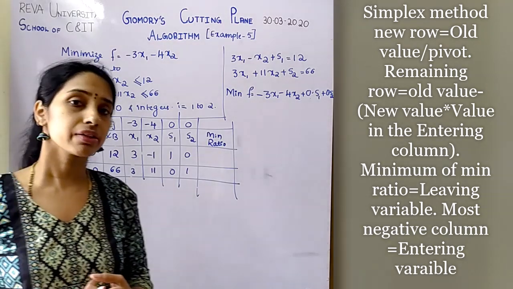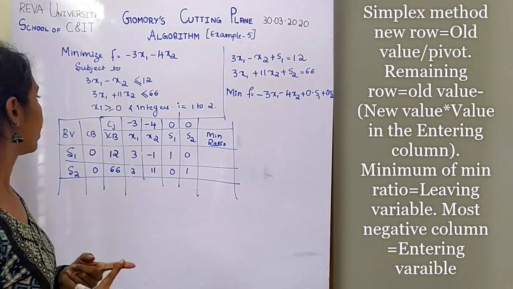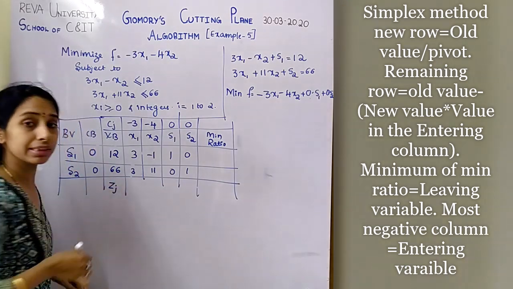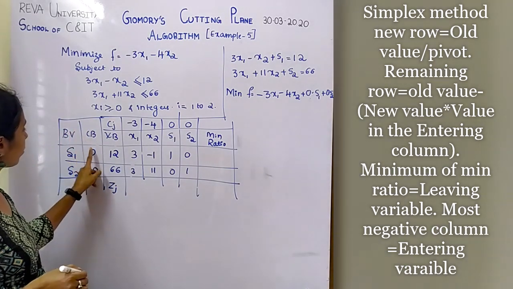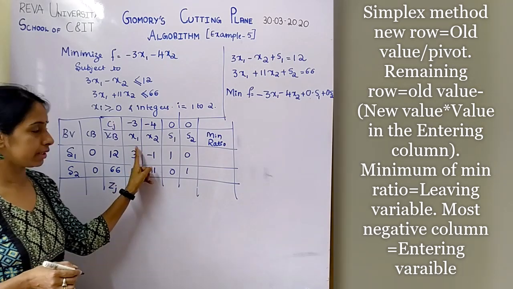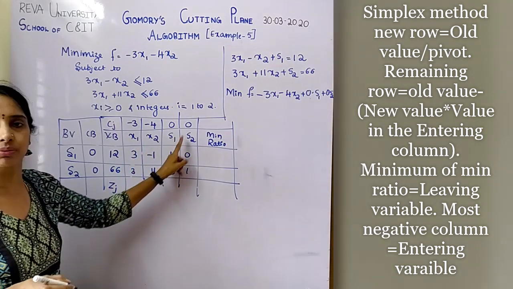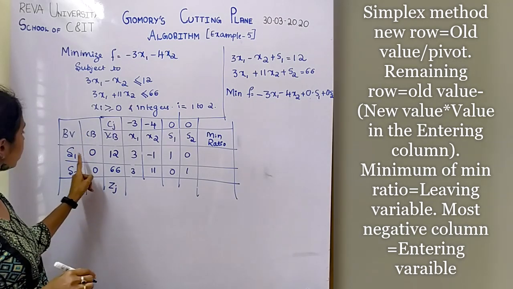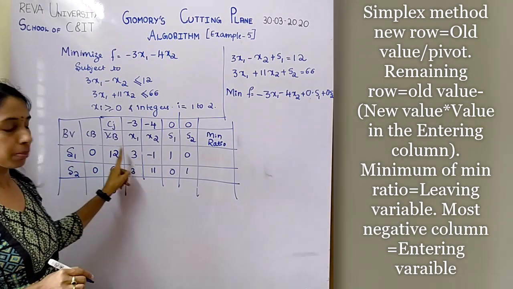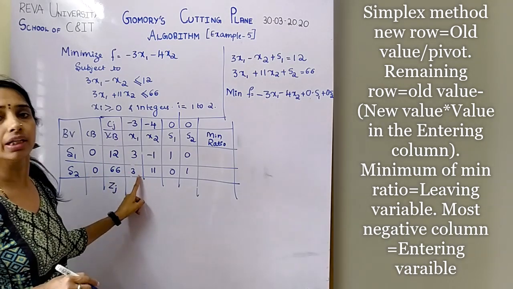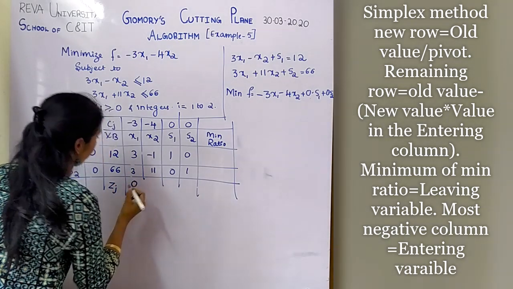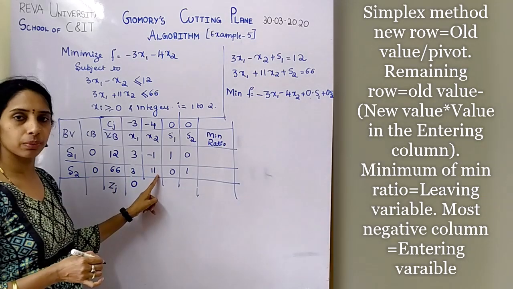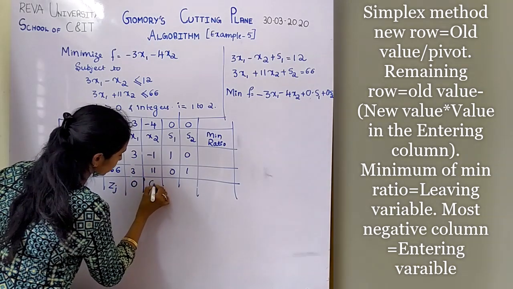Next, what is your next task? You have to find out the Zj value. What is the Zj value? Summation of CB into Xj, j equal to 1, 2, s1, s2. So 0 into 3 plus 0 into 3, you will get 0. 0 into minus 1 plus 0 into 11, you will get 0.